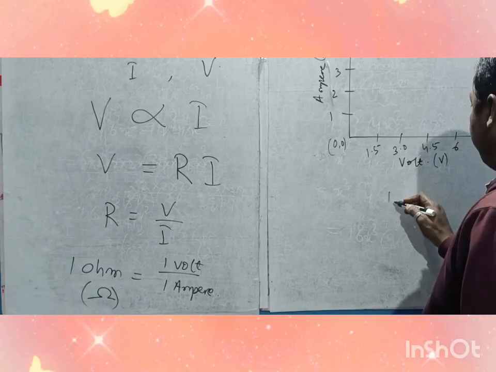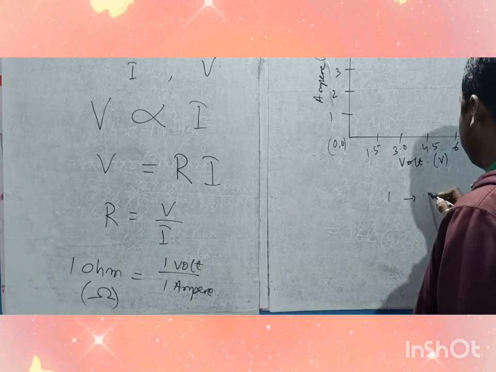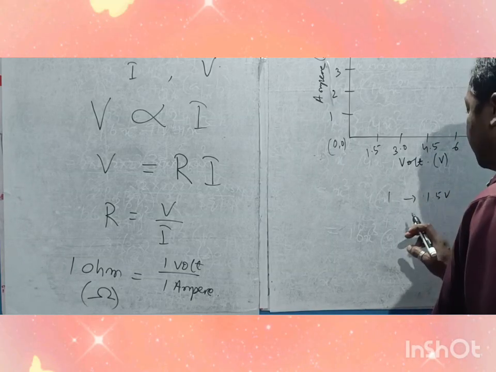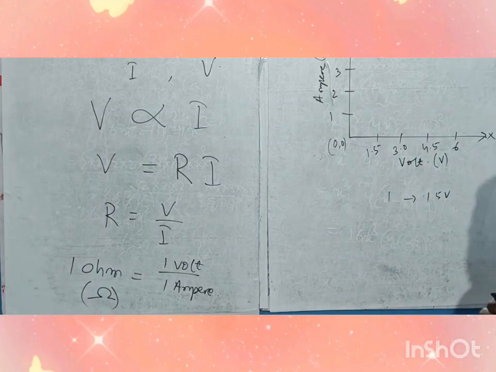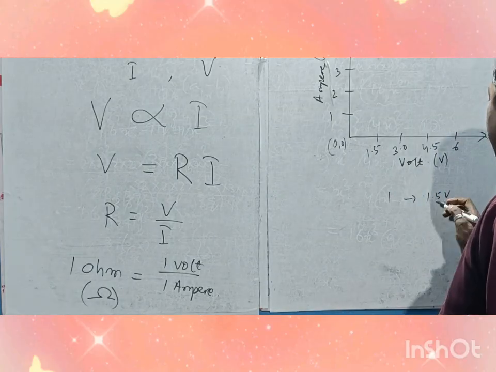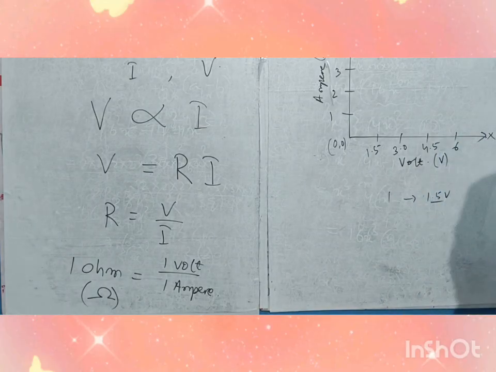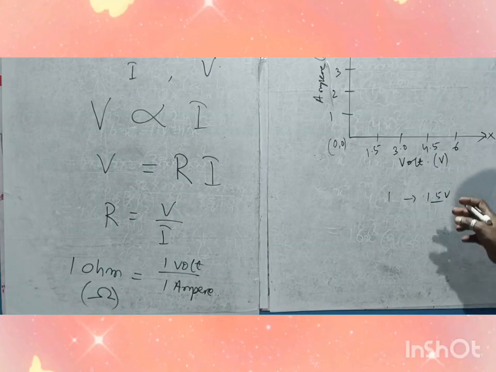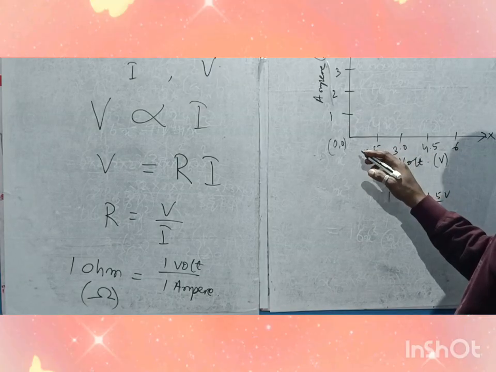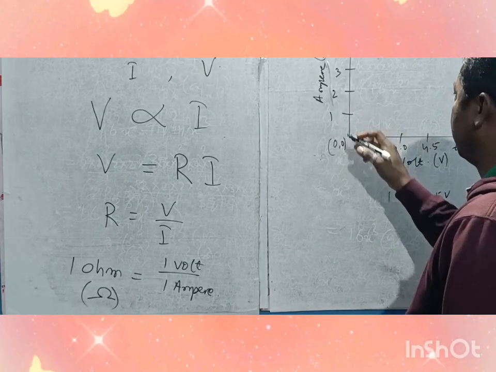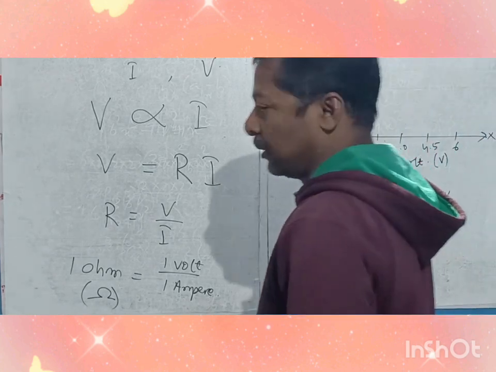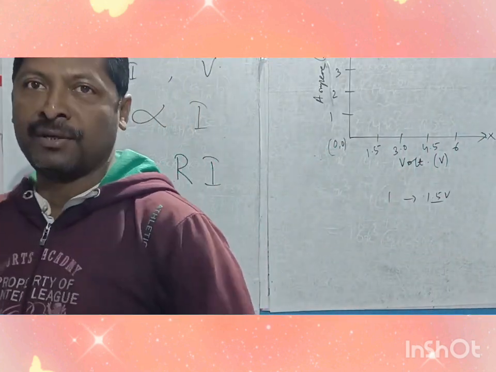In one cell, the potential difference is 1.5 volt. In a pencil battery, there is a cell having voltage, potential difference or voltage of 1.5 volts. That's why taking one cell, I am taking the reading of current in an ammeter.